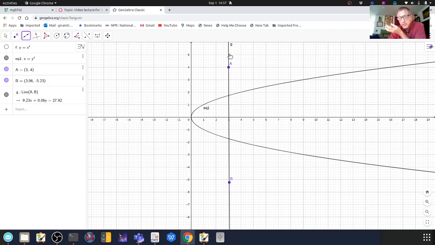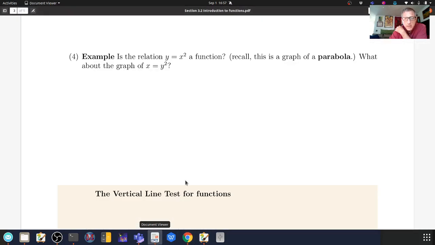This is actually supposed to be a straight up and down vertical line. I didn't quite do it, but because it intersects the graph in 2 different places, we know that this is the graph of a relation, but the relation itself is not a function. So the graph of y is equal to x squared is a function, but the graph of x is equal to y squared is not.